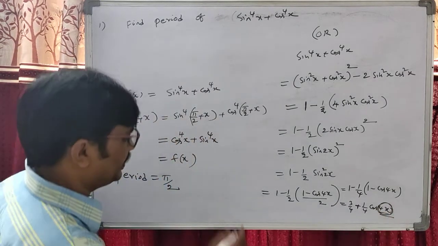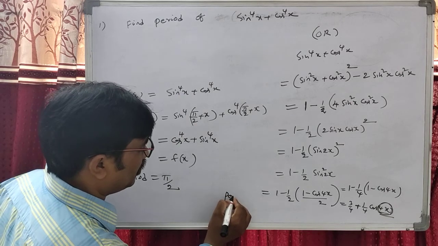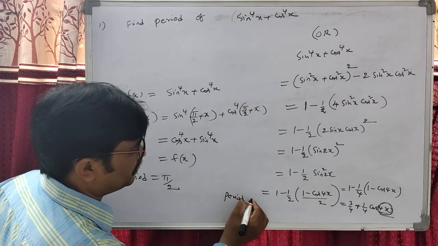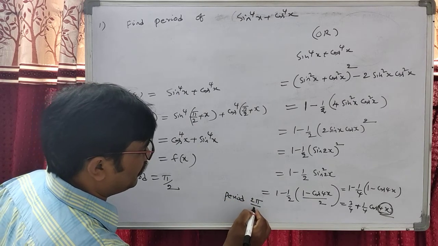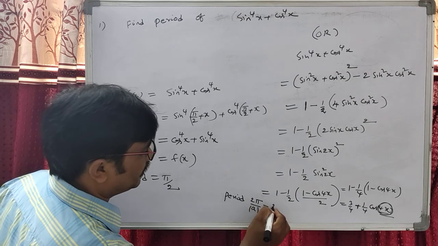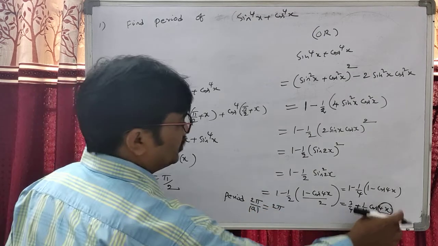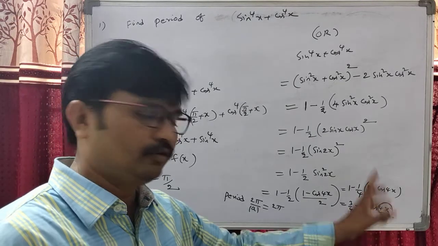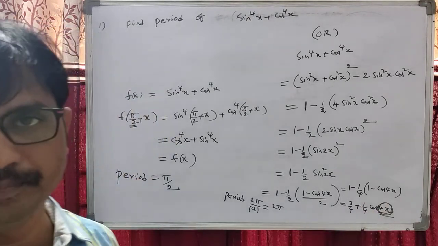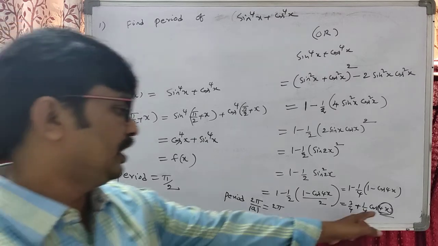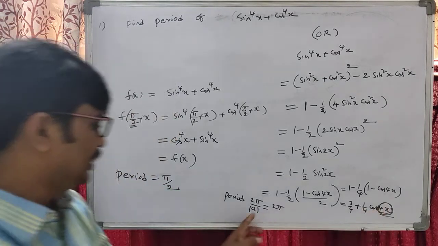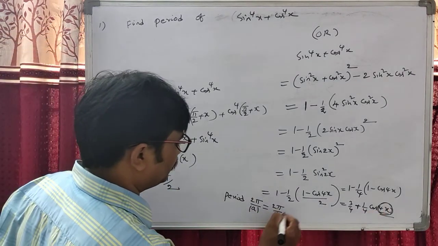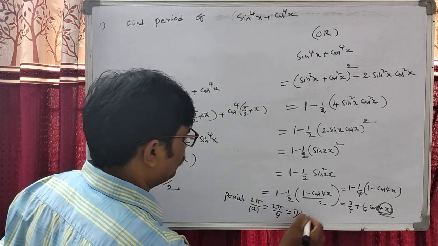The period of cos of ax plus b is 2 pi by mod a. Don't take the other coefficients; we observe only the coefficient of x. Mod a is 4, so the period is pi by 2.